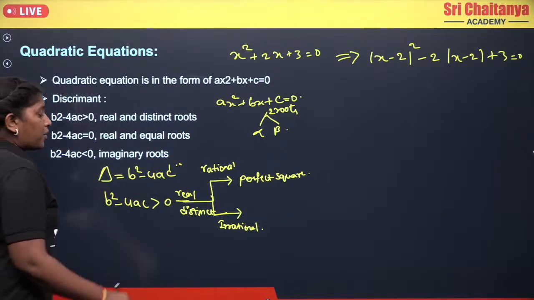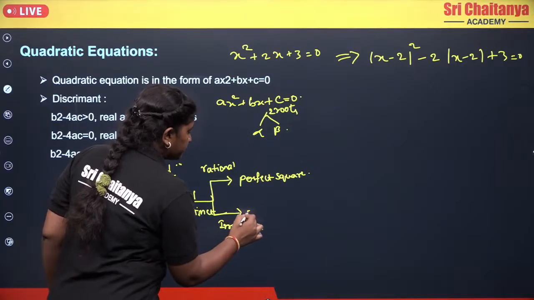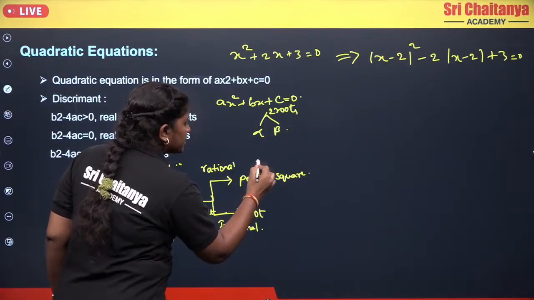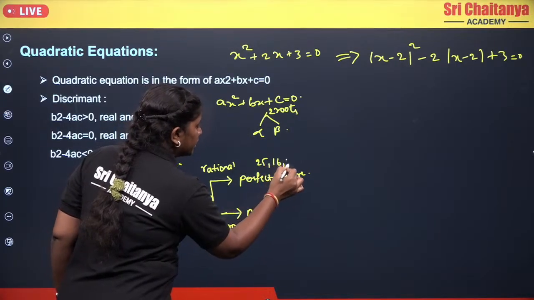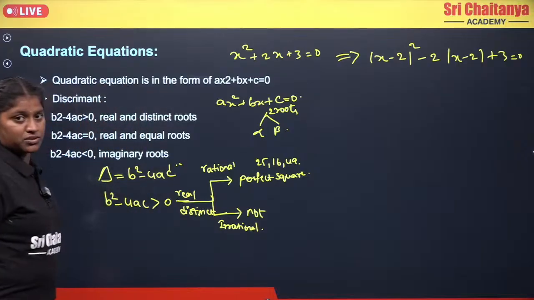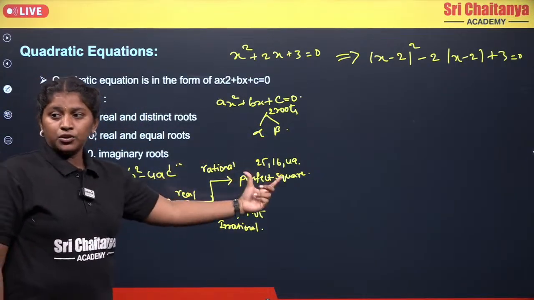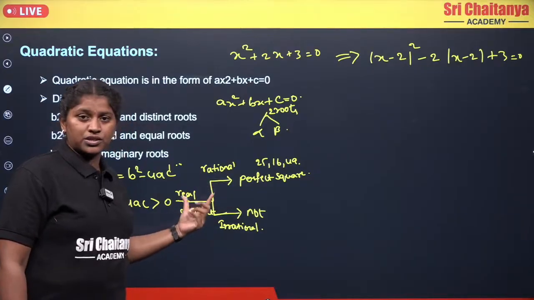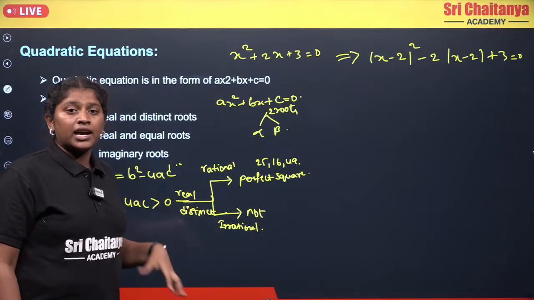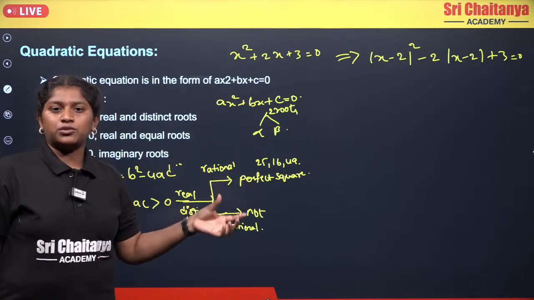Okay, and if it is not a perfect square, in the sense 25, 16, 49, all these are the perfect square numbers, right? So if you are having such type of perfect square numbers, then you will be getting the rational roots, which are nothing but your real and distinct roots. Distinct means separate values.